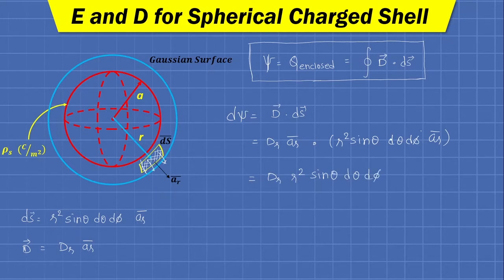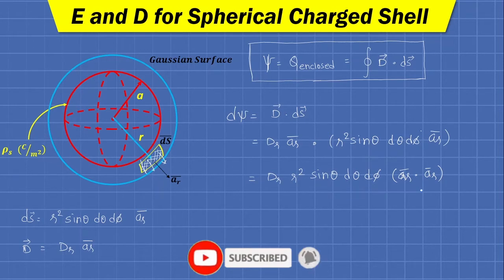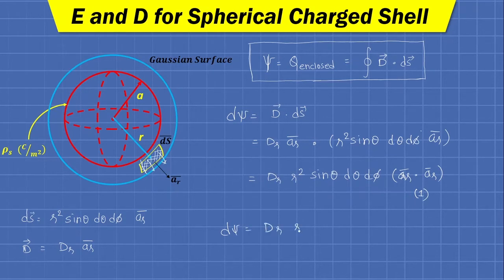The dot product is only performed between vectors. Both are base vectors, so ar bar dot ar bar is 1. Finally we get d psi equals Dr into r square sin theta d theta d phi.